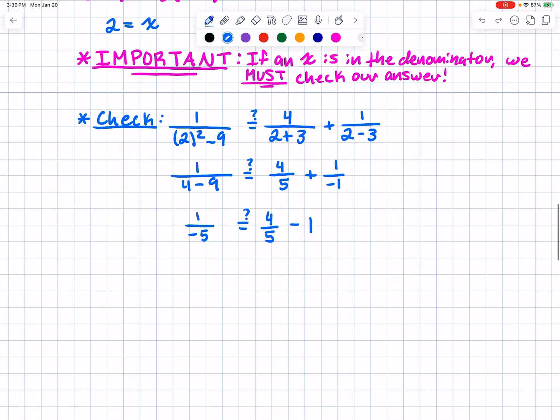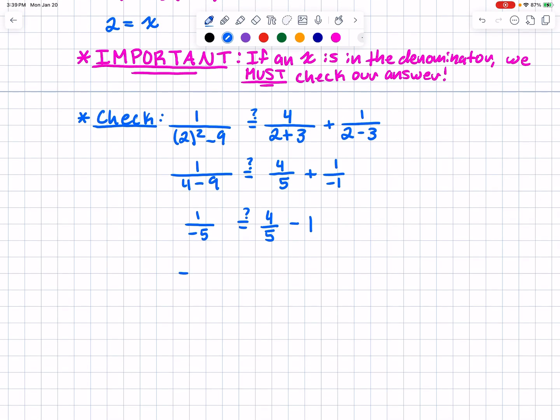So on the left-hand side here, I have negative 1/5, and I'm wondering if that equals 4 over 5 minus 5 over 5. Since 1 can be turned into any number over itself, notice 5 over 5, this would reduce to 1, right? So we're allowed to do that. So 4 over 5 minus 5 over 5 is negative 1 over 5. So I get negative 1 over 5 equals negative 1 over 5.